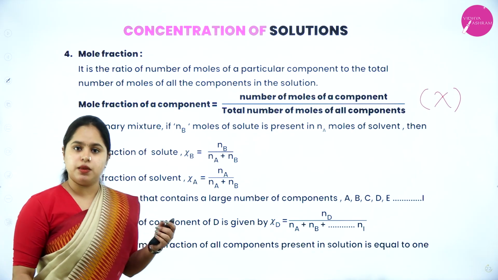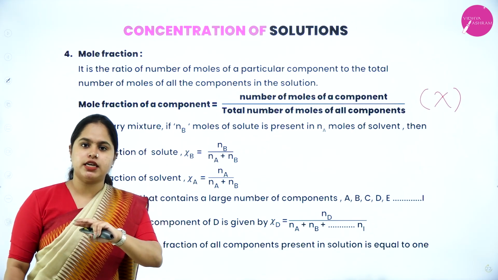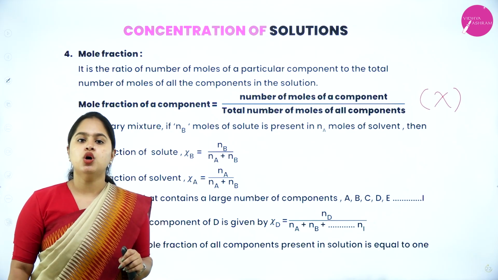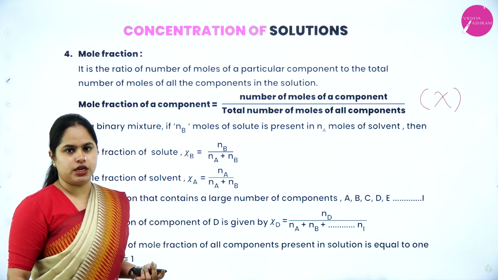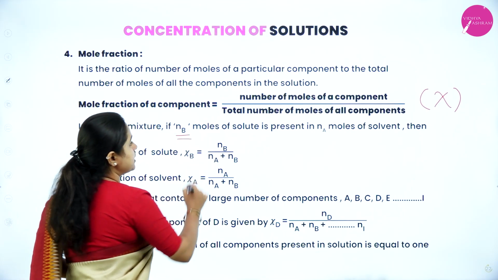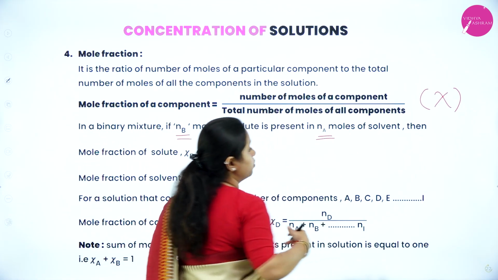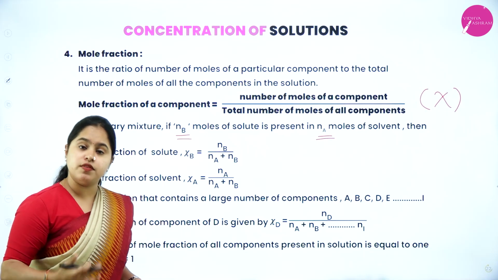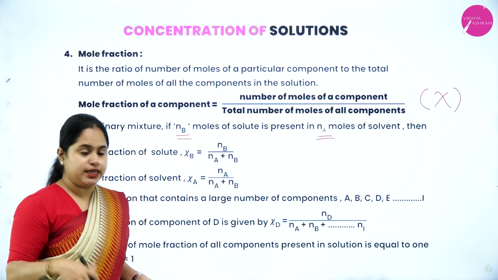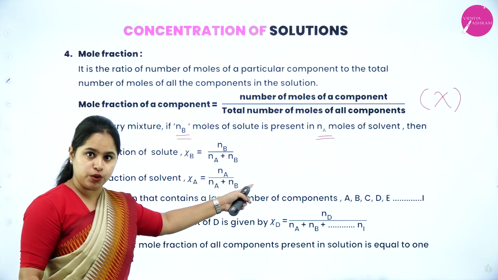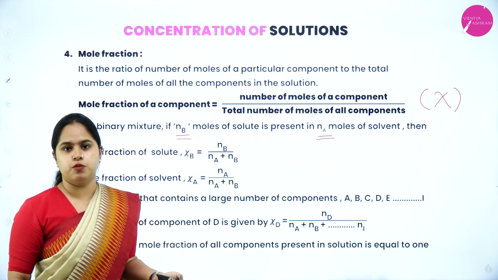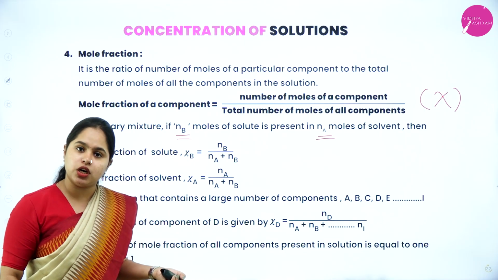So in a binary mixture, if you are considering a solution having only two components, right? And if NB is the number of moles of solute and NA is the number of moles of solvent, then what will be the mole fraction of solute? Yes, it will be number of moles of solute divided by total number of moles of all the components, right? So which are the components here?